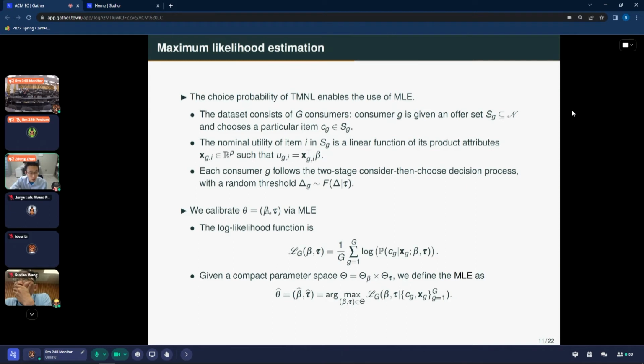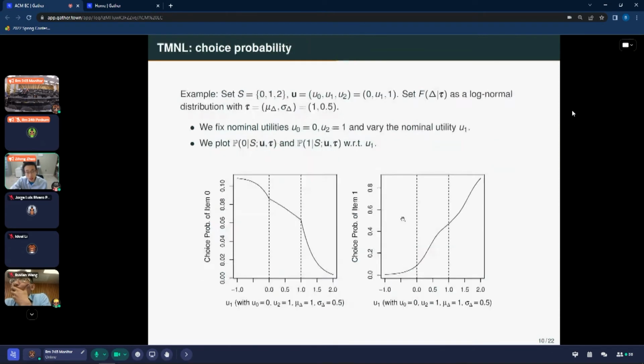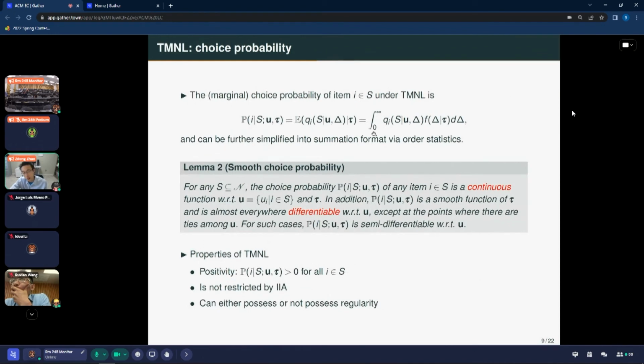So we have two parameters: beta is the taste of the consumer, and tau is the thresholding effect of the consumer. Then we formulate the log likelihood function, and we can further write this out in the integral form and then in the summation form.